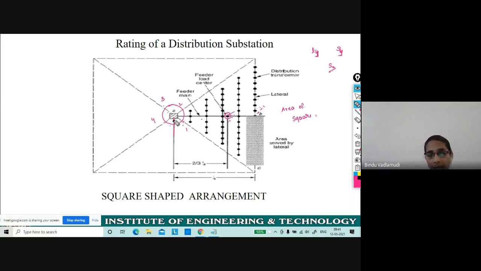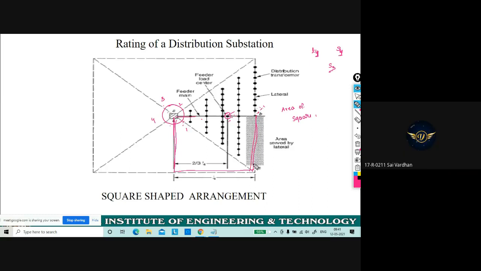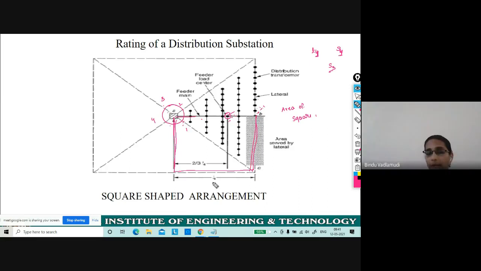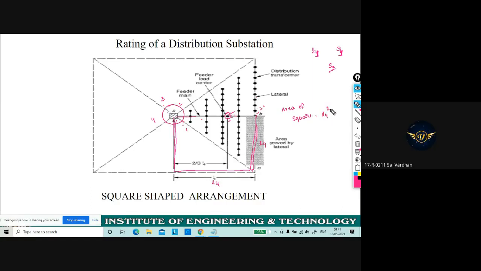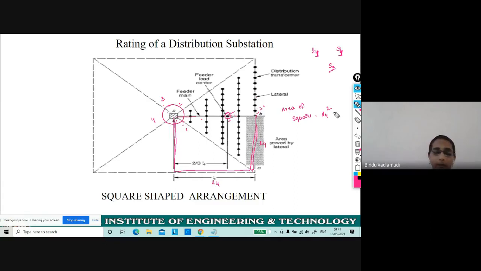If you observe this area, from this center to this center, is it forming a square? What is the length of this part? It is L4, and the length here is also L4. So the area of the square is equal to L4 square.